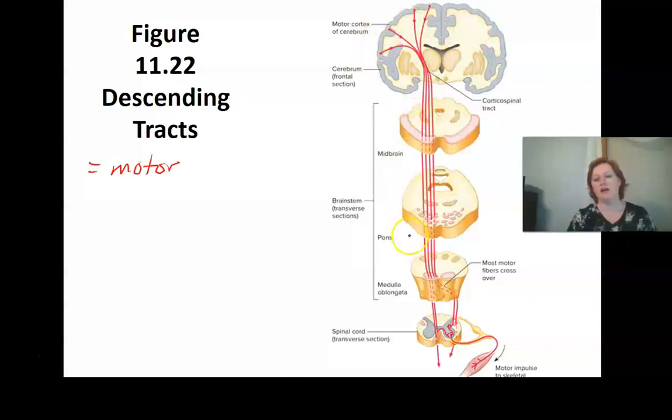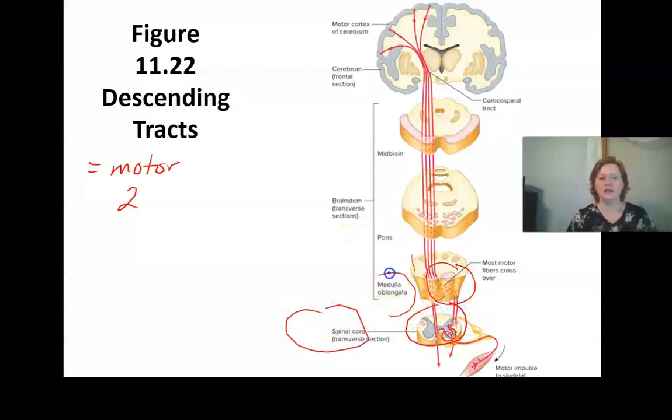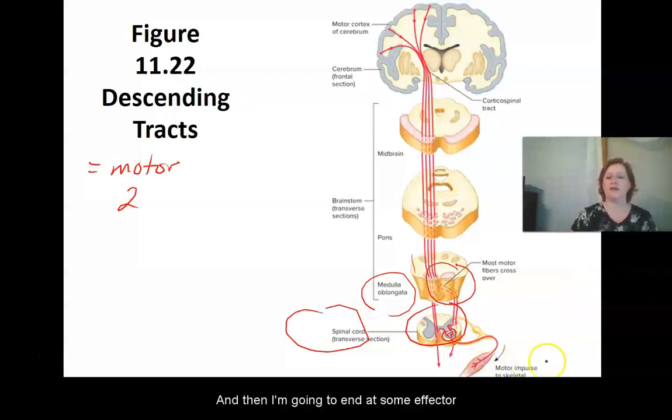I have one neuron that goes all the way to here, and then I have a synapse, and then one more to the effector. So I'm only going to have 2 neurons, and I have to cross over. So I'm going to cross over potentially here or here, which again, medulla or spinal cord. And then I'm going to end at some effector down here.